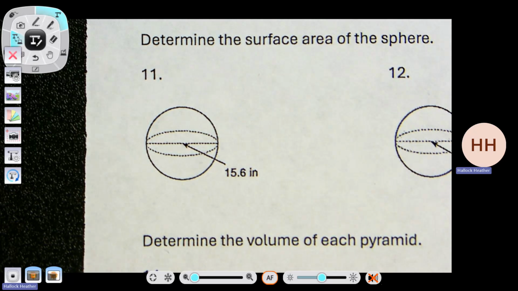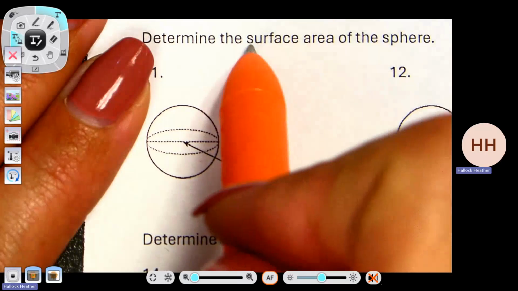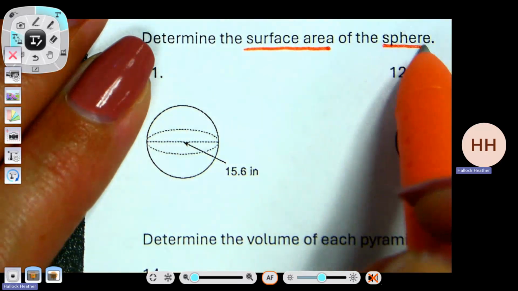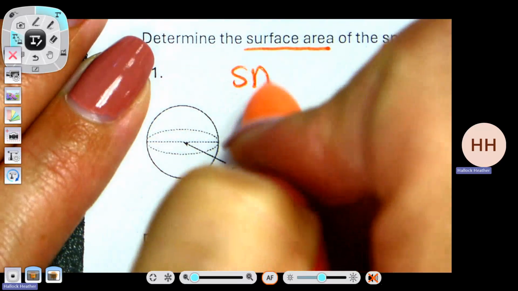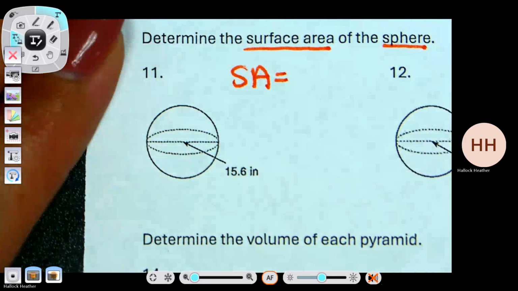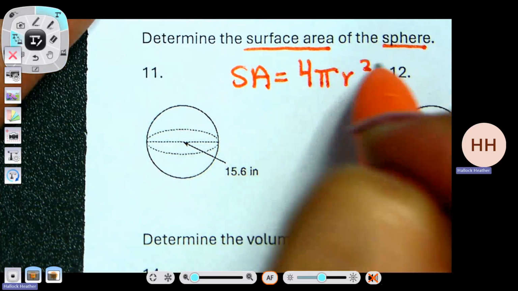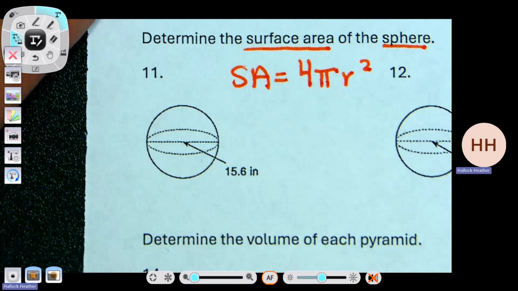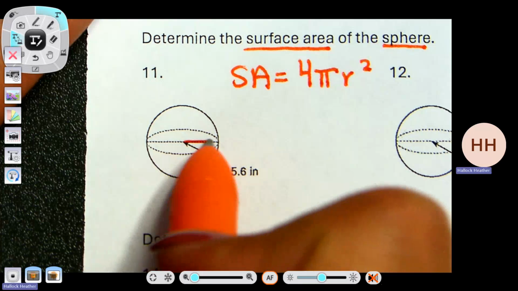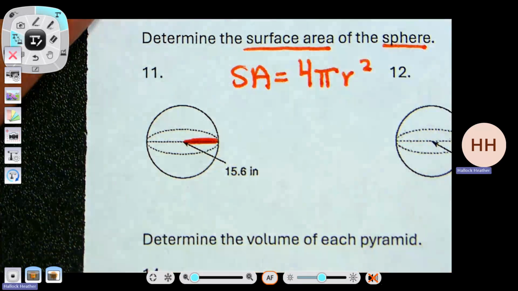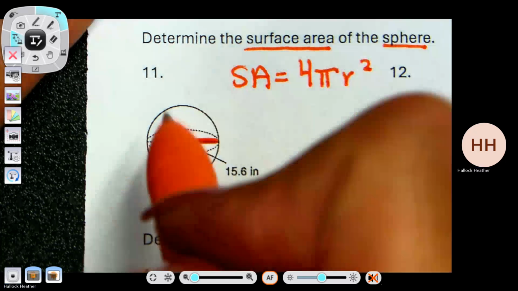So if I look at my formula sheet, I need surface area of a sphere. What is my formula? 4 pi r squared. Now, if I look at my picture, is my radius 15.6? No. I need to cut it in half. So if I take 15.6 and I cut it in half, how much actually is my radius?